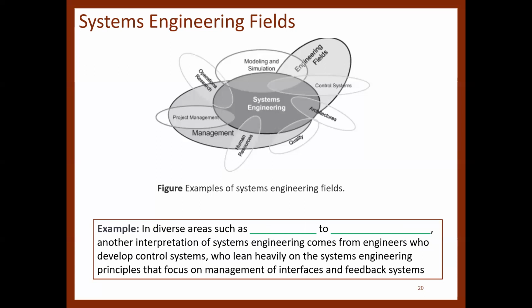In diverse areas such as manufacturing and autonomous systems, another interpretation of systems engineering comes from engineers who develop control systems, who lean heavily on the systems engineering principles that focus on management of interfaces and feedback systems.